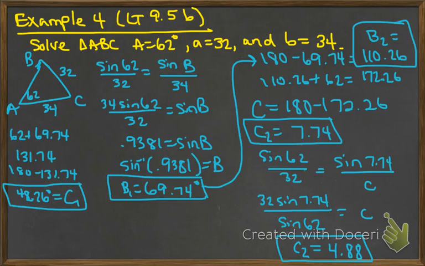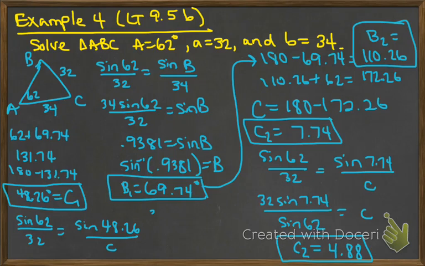Now the last thing I need to do here is find that side C, so that's where that law of sines comes in. So again, keep the sides that we know, so sine of 62 over 32 has to equal the sine, and now we need to find side C. So I need to use my angle C, so 48.26 over the side C that I want.